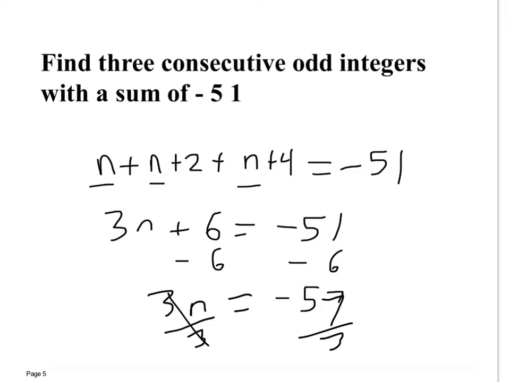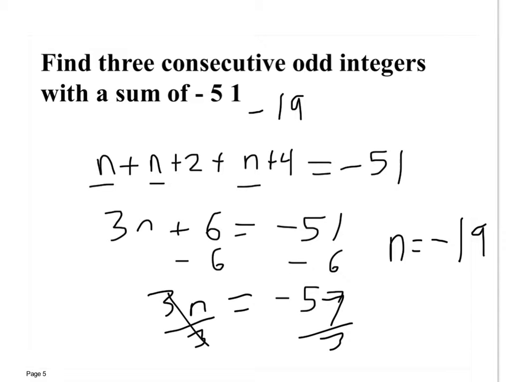N is equal to what? What is negative 57 divided by 3? It's negative 19. So negative 19 is my first number.